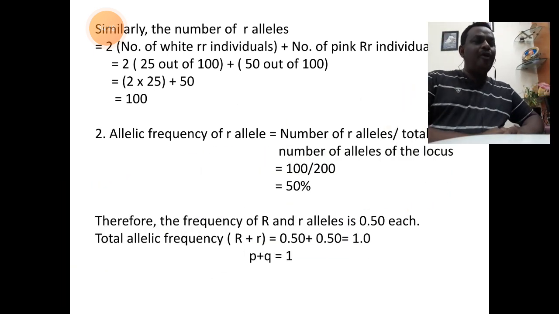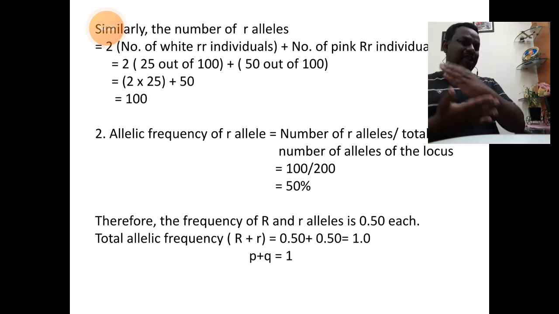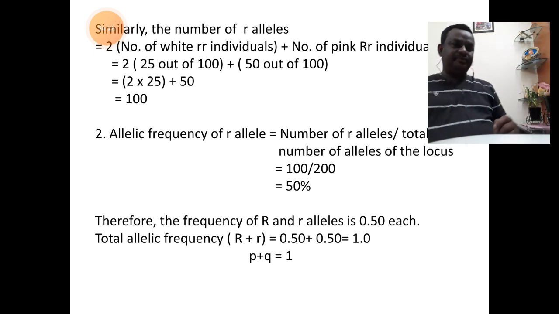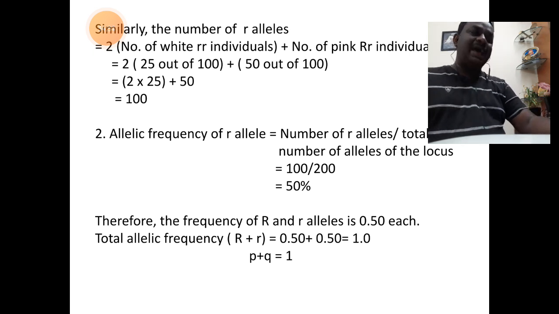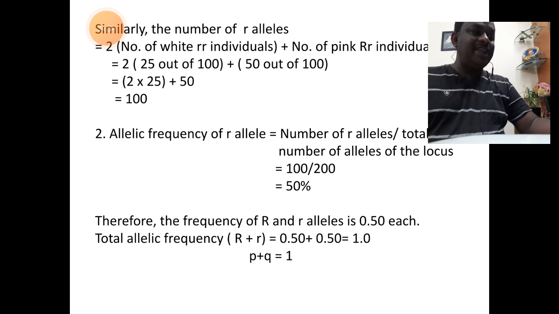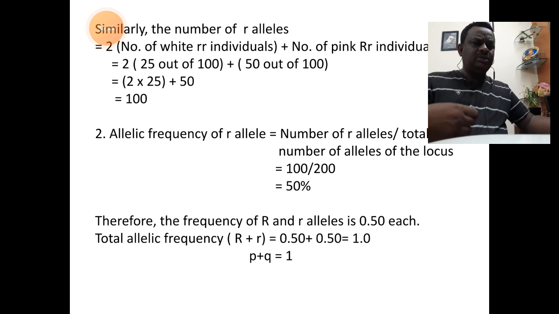So when we look at the total allelic frequency of capital R and small r, 0.5 plus 0.5 is equal to 1. The allelic frequency of capital R of red flowers is 0.5 and small r is 0.5.